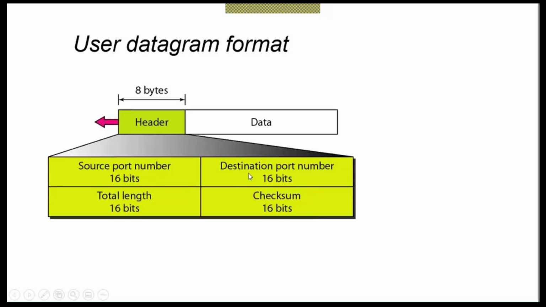So source port number is 16 bits, destination port number is 16 bits, total length is 16 bits, and checksum is 16 bits. Source port and destination port I already explained. Total length is the length of the entire packet. And the checksum, 16 bits, is just to detect header error.